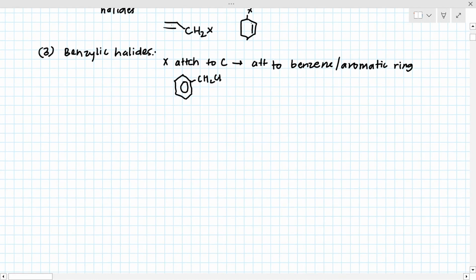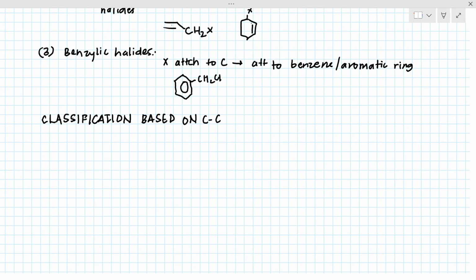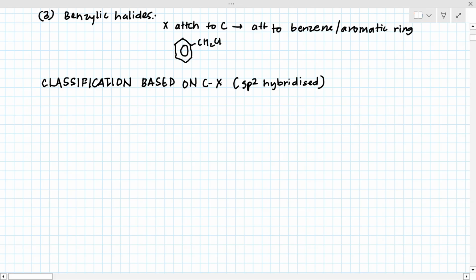Next, how will you classify? Next is classification based on carbon-halogen bond where carbon is sp2 hybridized. In this you have two.